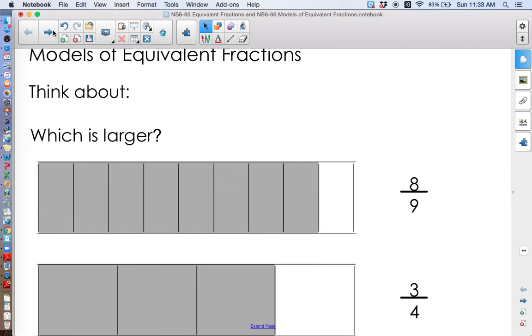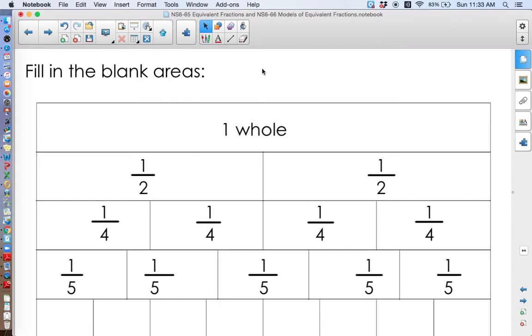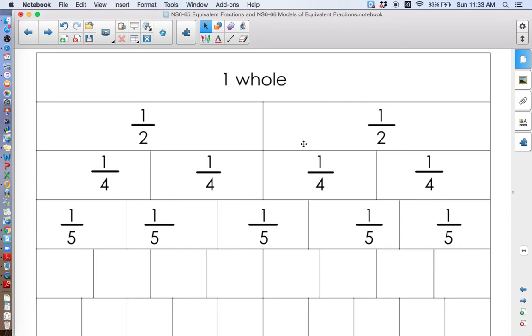Okay, so looking at this model, it shows you all of the equivalent fractions. For instance, 1 whole, we know that means 1. 2 halves will give you 1 whole. In saying that, 4 quarters will give you 2 halves, will give you 1 whole.